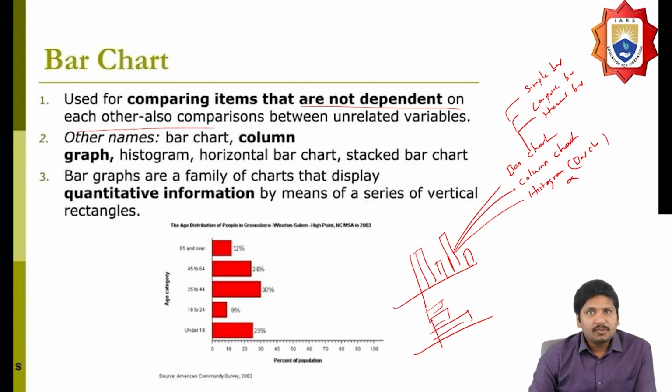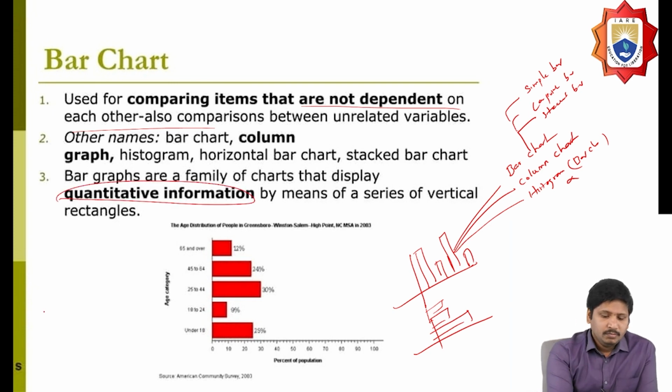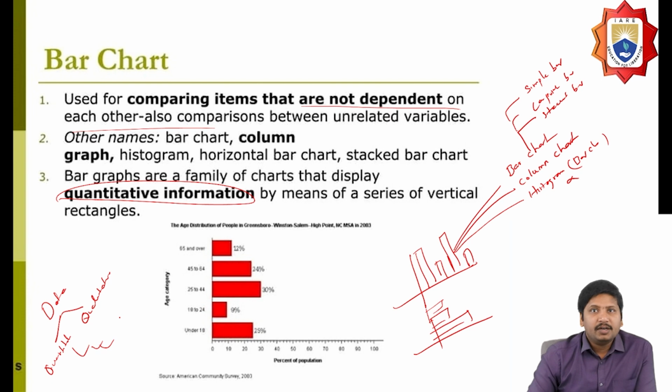Bar charts or bar graphs are a family of charts that can display quantitative information. Normally the data will be of two types: quantitative, and second, qualitative.